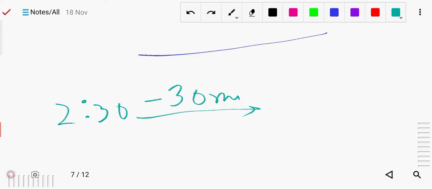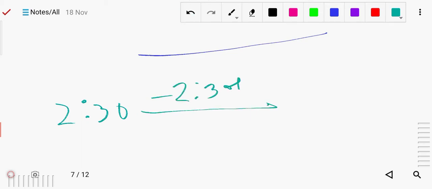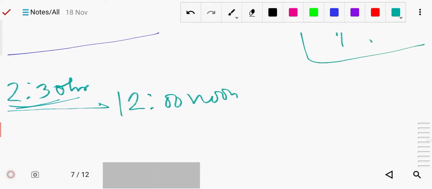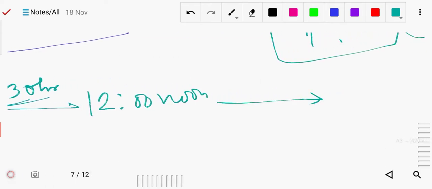Or directly you can subtract 2:30 hours, and you will reach 12 noon. Then from there you can again subtract 2:30 hours, and that will be your 9:30.